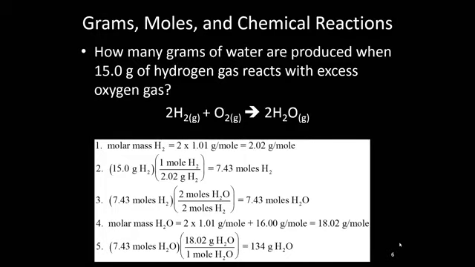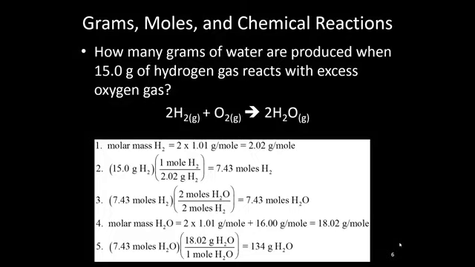As usual, to convert from moles to grams, we will multiply by the molar mass. 7.43 moles times 18.02 grams per mole gives us 134 grams of water that is produced from the reaction of 15 grams of hydrogen gas with excess oxygen gas.